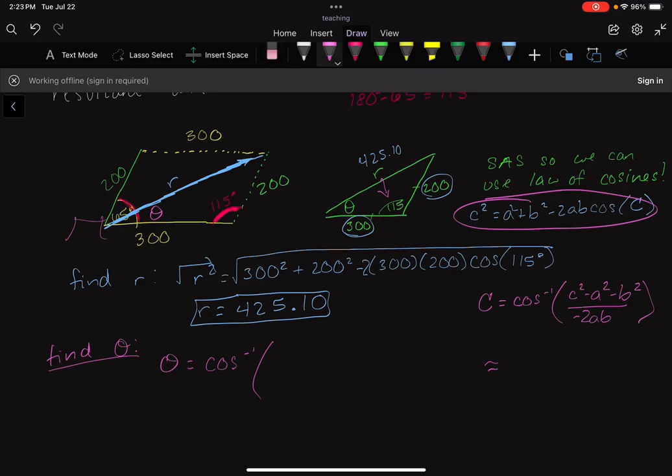So it should be 200, that C value. My other two sides should be the ones that are surrounding the angle theta. I'm glad I still typed it in instead of just going with it and being like, yeah, that's right, and y'all would be like, no.